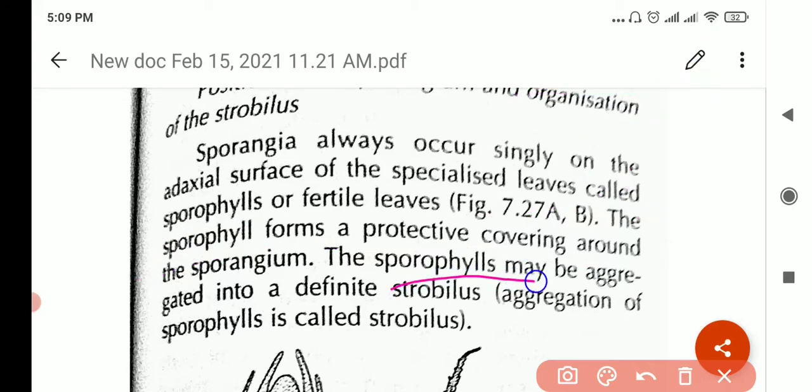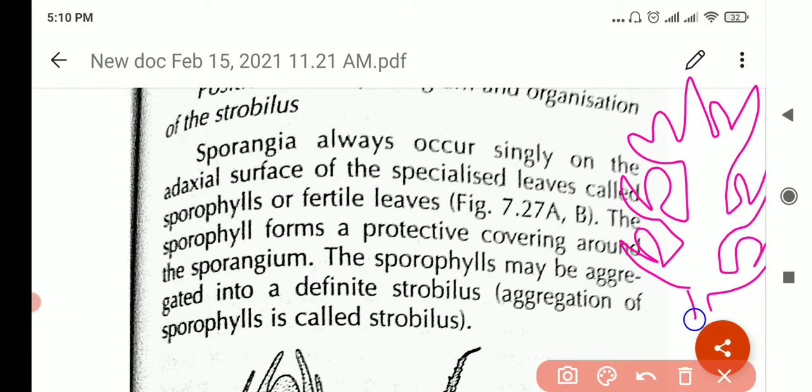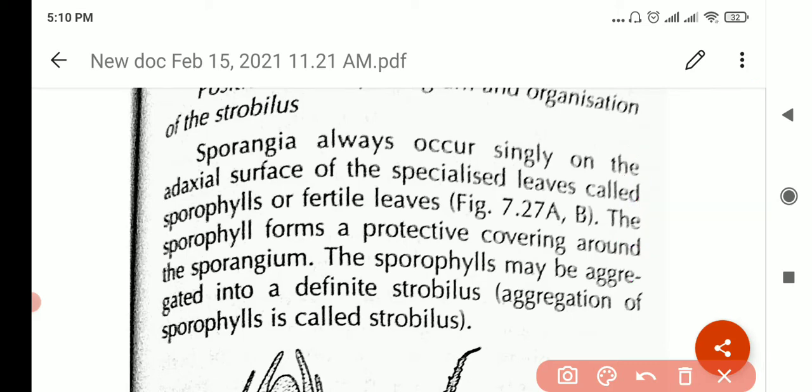So these sporophylls will be grouped together and form a strobilus, or a cone. This leaf with a sporangium, this leaf with a sporangium, similarly the other side, it's so difficult to draw on this. They will clump together and form a cone or a strobilus.